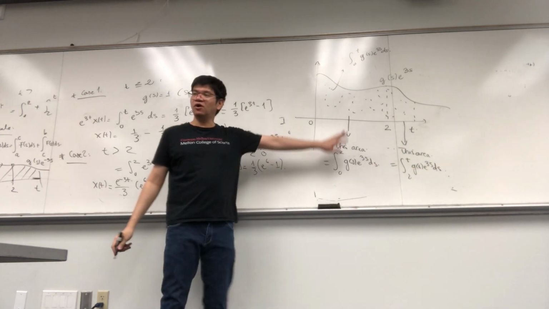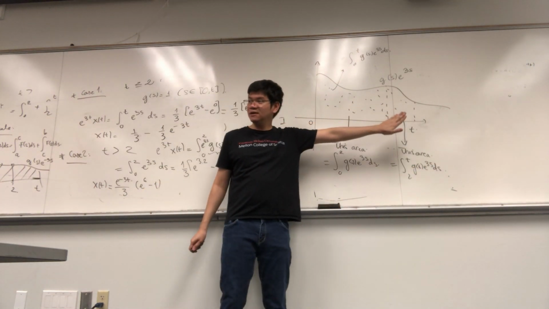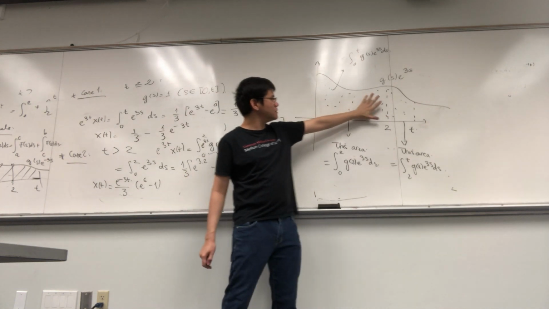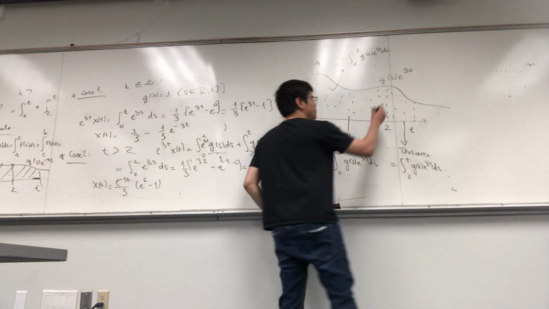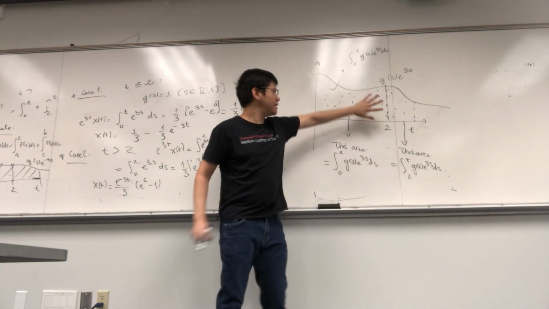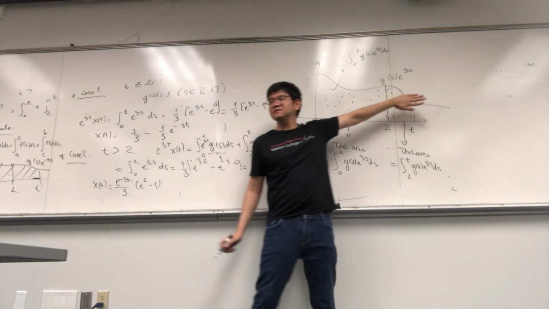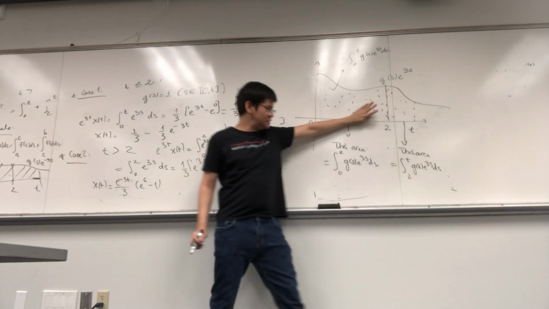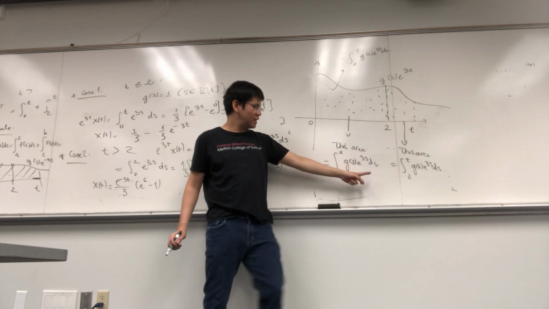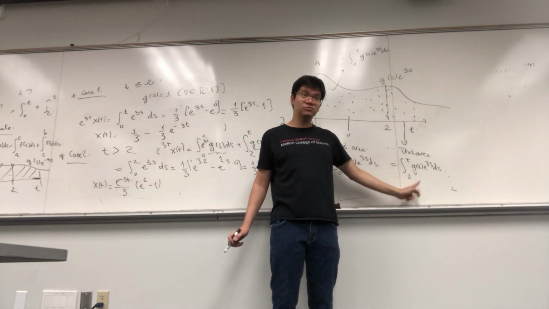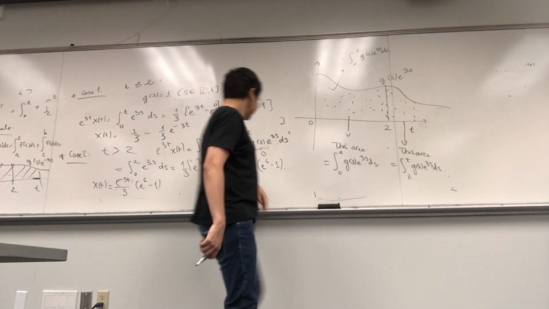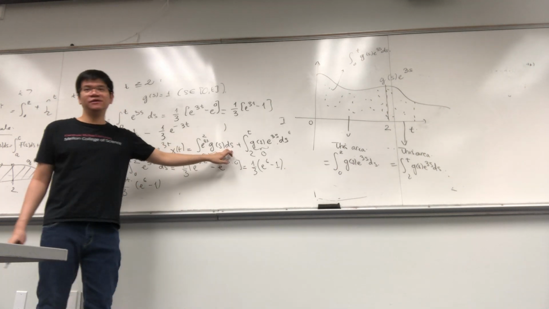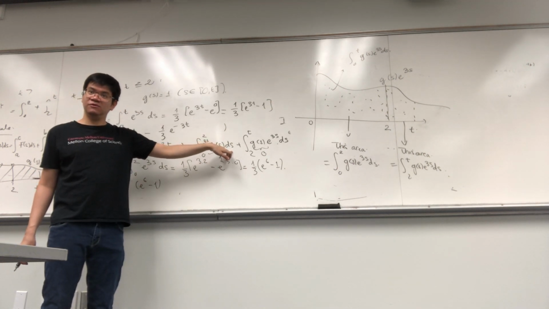So computing the integral from 0 to t means you compute the area of the whole thing, but the area of the whole thing is the sum of the area of the first thing and the area of the second thing. The first is the integral from 0 to 2, and the second one is the integral from 2 to t. This is why we can split this integral.